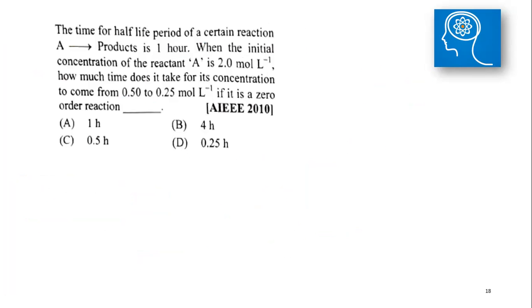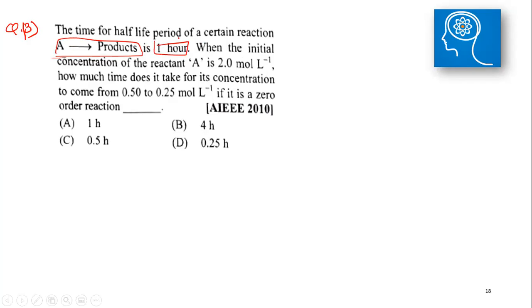Next is question number 13. Now question number 13 is the time for the half-life period of a certain reaction A. This reaction is given to you and time is again given to you, that is 1 hour.